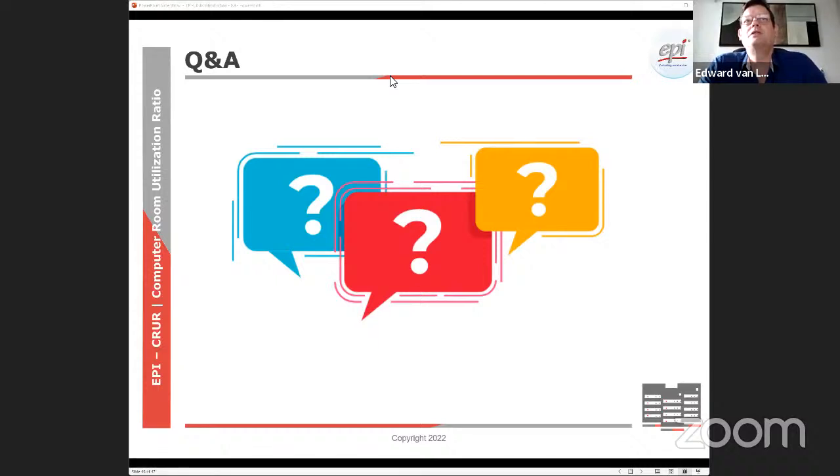Because we're basically measuring the setup, it is vendor agnostic, and obviously we're not measuring the individual components. So, for example, whether your UPS is brand A or B, CRUR is measuring ratios from a capacity planning point of view. We're not measuring how efficient brand A is versus brand B from a UPS perspective, because that is something you'll find in the PUE number.